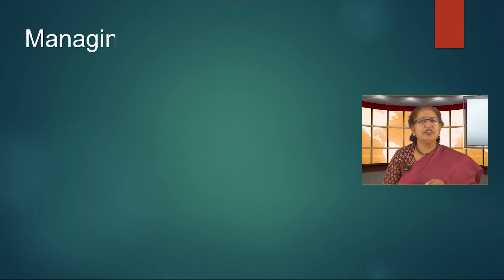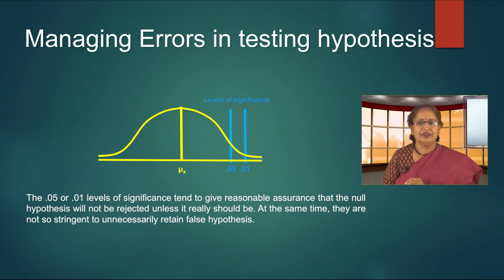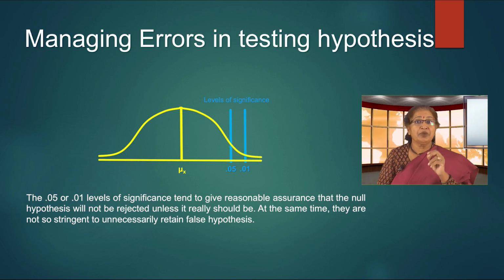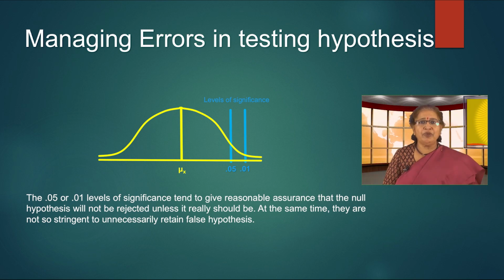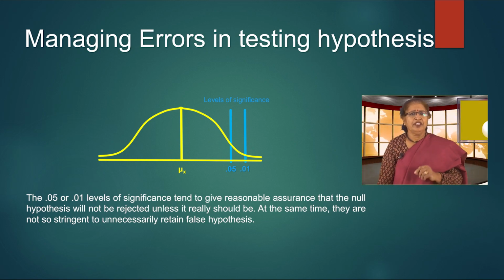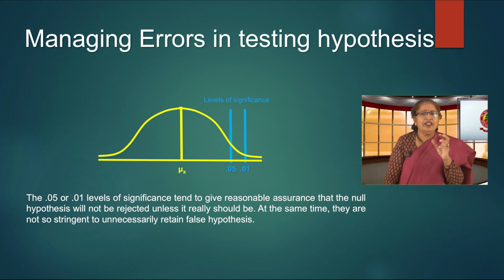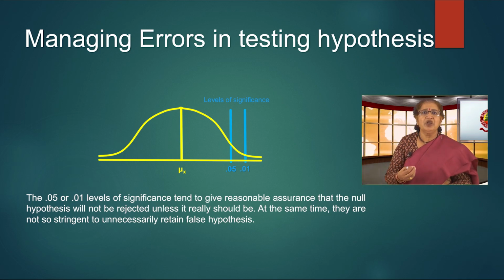It is common for researchers to evaluate the outcome of the test according to the 0.05 or 0.01 level of significance. They tend to give reasonable assurance that the null hypothesis will not be rejected unless it really should be. At the same time, they are not so stringent as to raise unnecessarily the likelihood of retaining a false hypothesis.